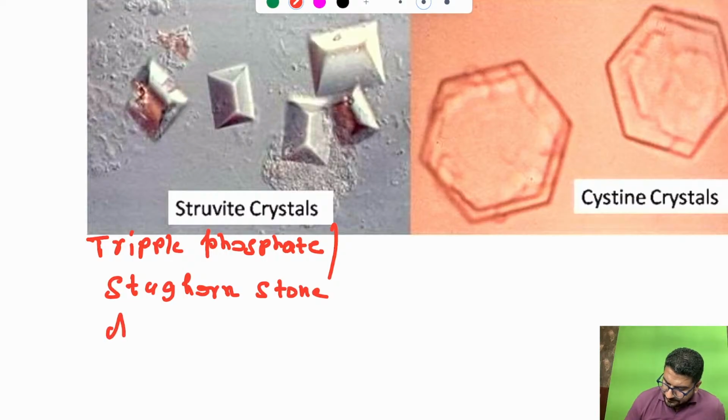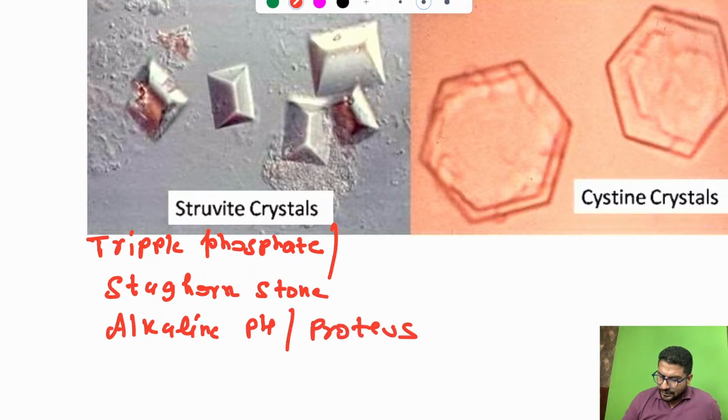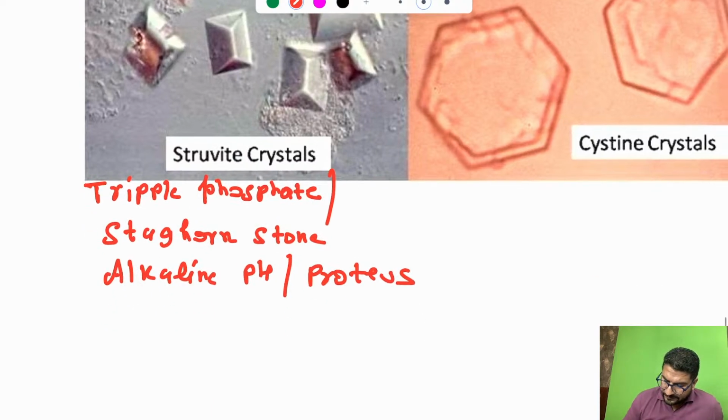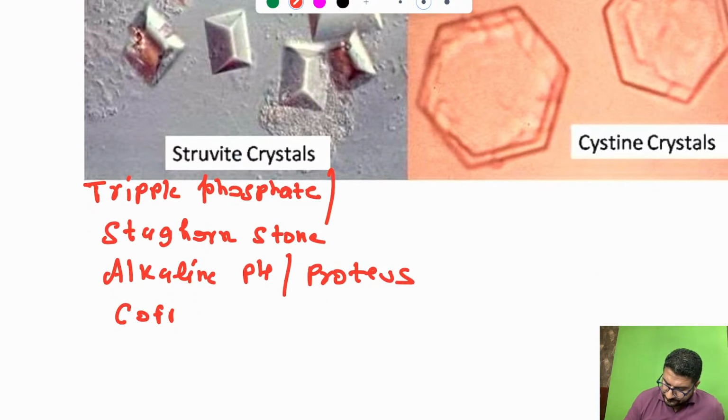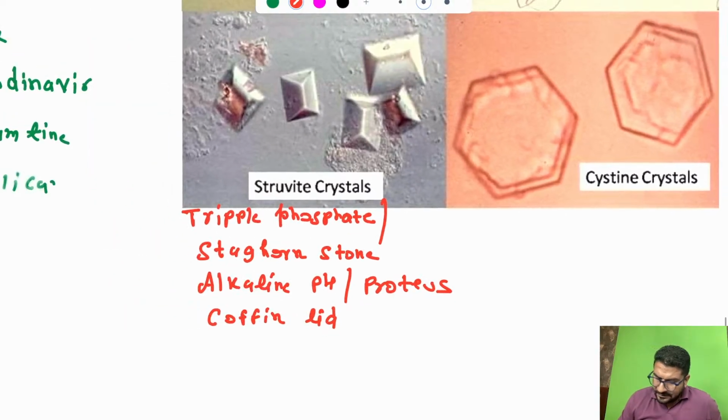This is the only stone which will precipitate in alkaline pH, and this stone is associated with Proteus infection. और अगर आप शेप की बात करो, this shape is called as coffin lid, जिसमें डेड बॉडी को लेके जाते हैं उसका ढक्कन, that's called coffin lid shape.